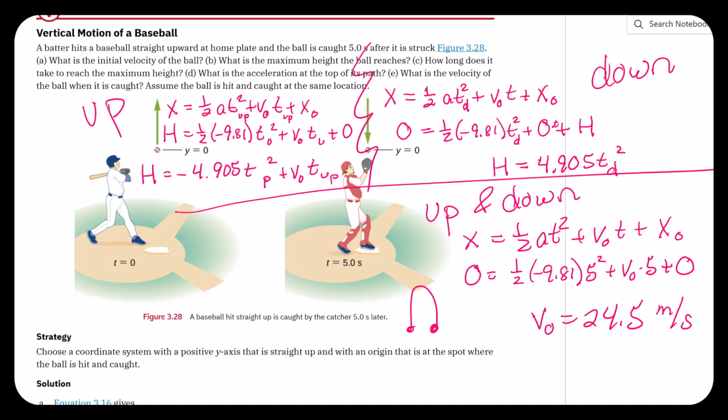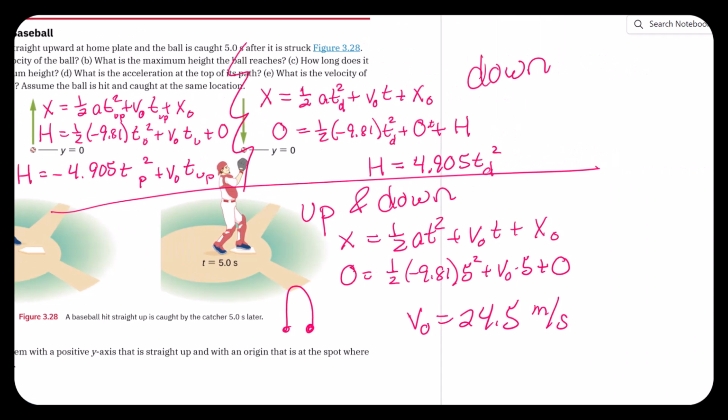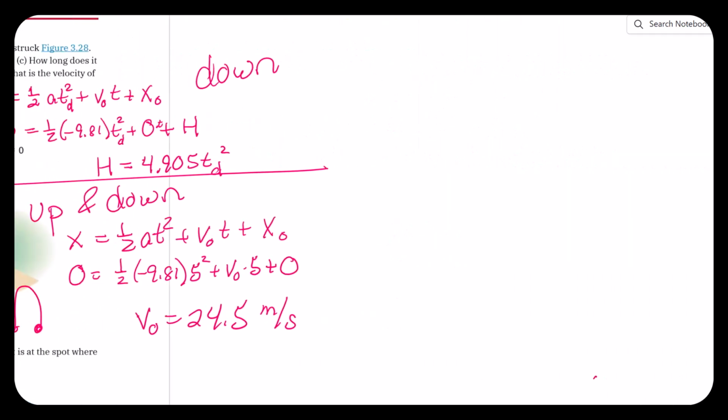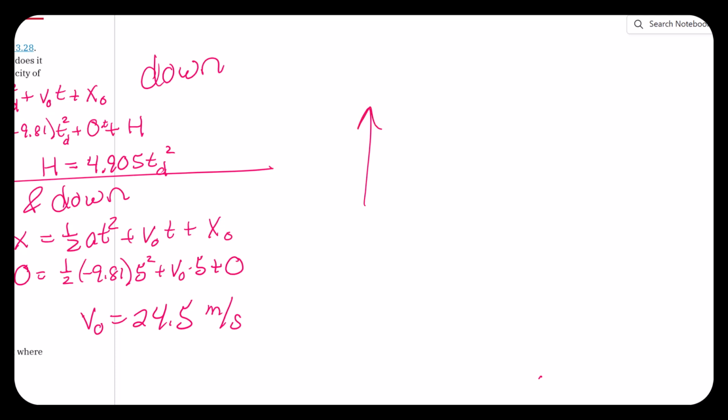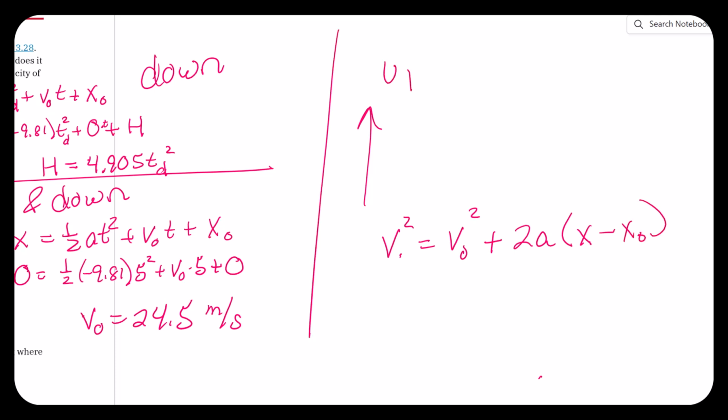Okay, now that said, I can also come up with the idea that on my way up, I have v squared equals v naught squared plus 2a, let's say, x minus x naught. And this is just on the way up only. Whenever something goes up, it's going to stop, and then it's going to come back down. So your final velocity on the way up is going to be 0.